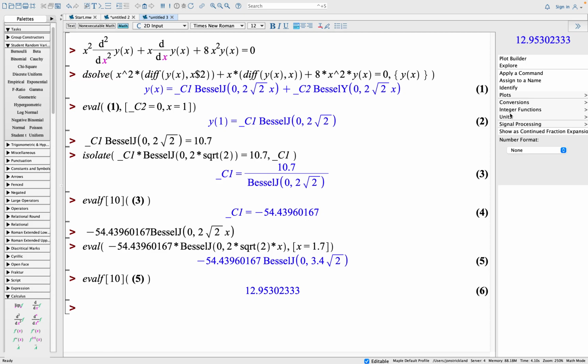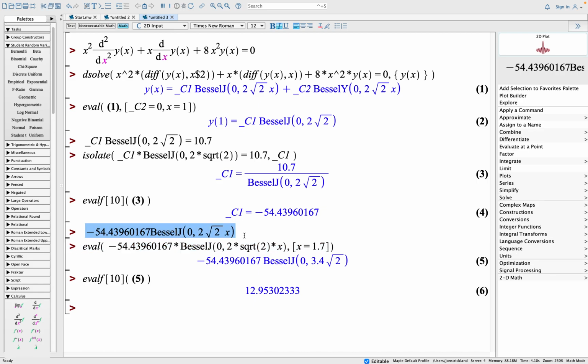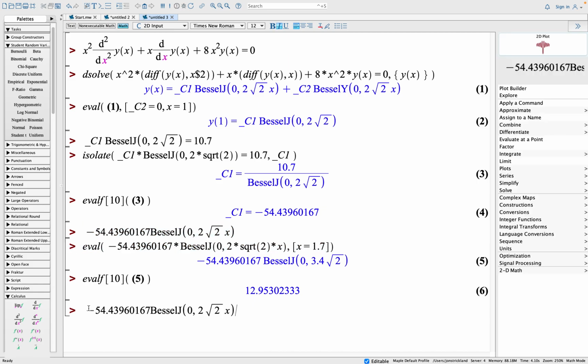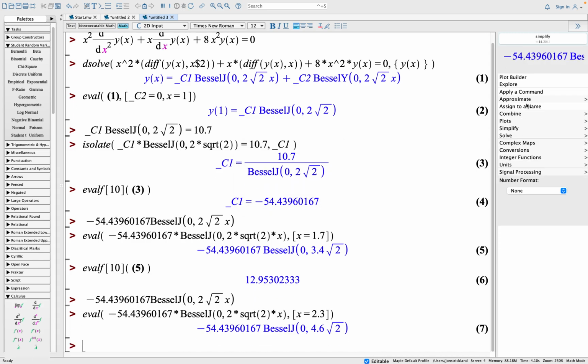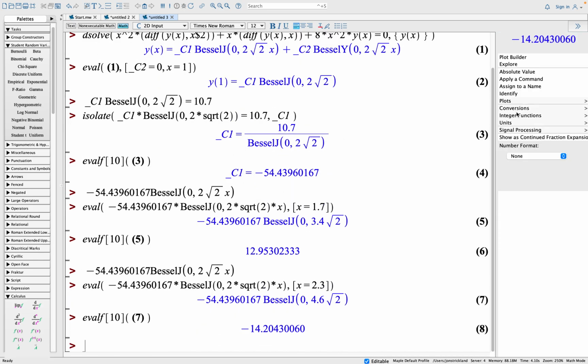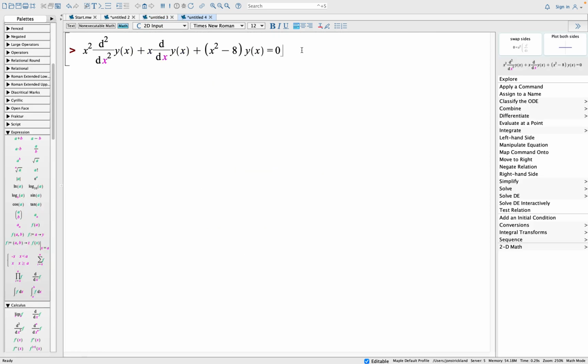And if I go back and look at evaluating what I have for y at 2.3, so going back to this input, evaluating at a point, and we have with x at 2.3 and approximating, and this is going to be the result in this particular case.